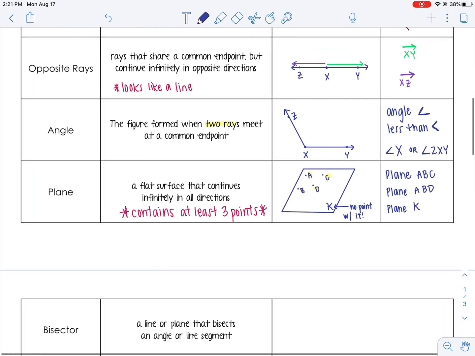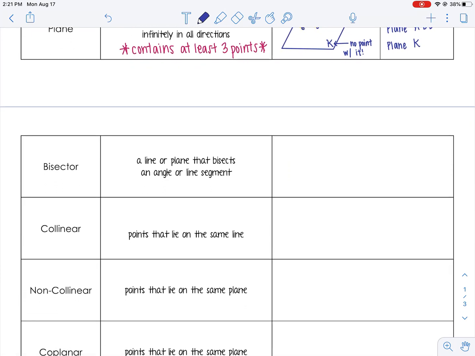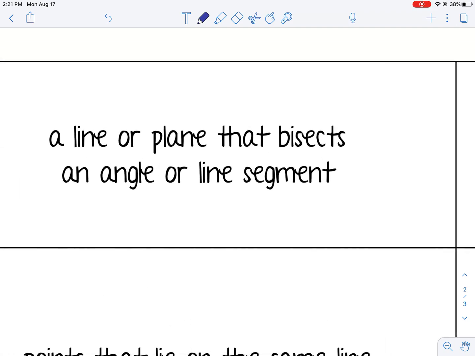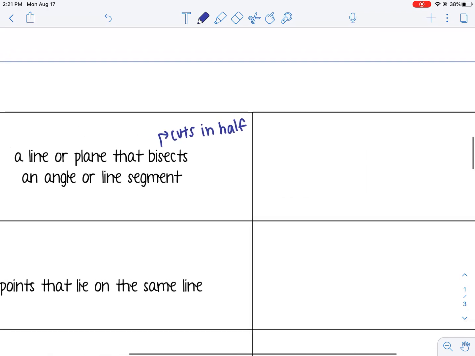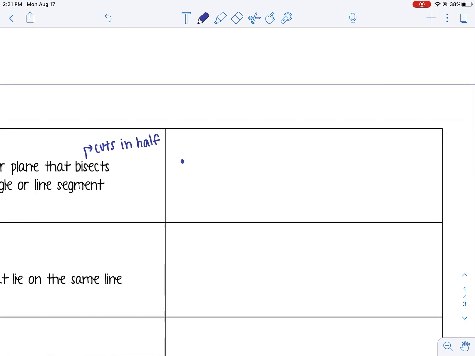That's planes. So a bisector is a line or a plane that bisects an angle or line segment. If you remember anything about definitions, you're not supposed to use the word in the definition. So it says bisector bisects. All of that means is that it cuts it in half. So I am going to draw a segment. And all that a bisector does is it cuts it in half.